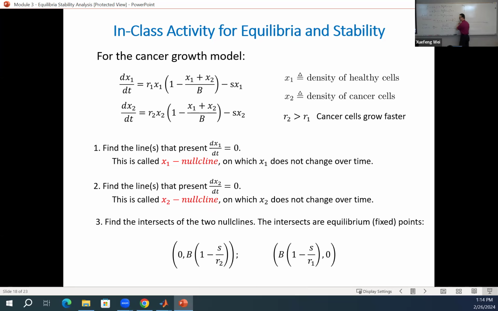No, not b. If x plus y equals a constant, say x plus y equals 3, what's the slope of the plot? Okay, it's minus 1.